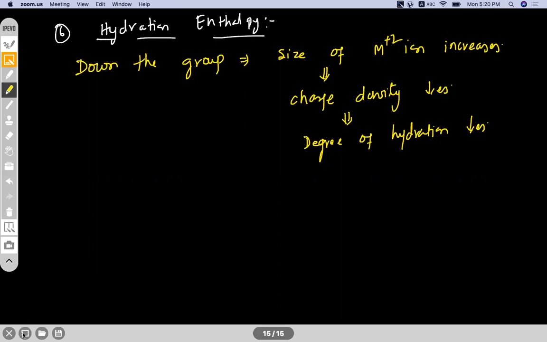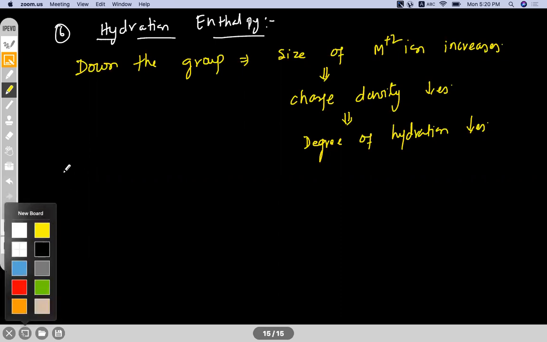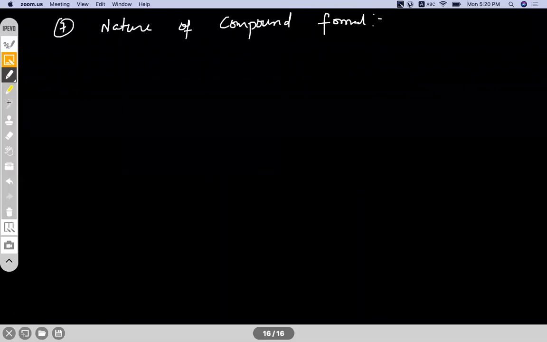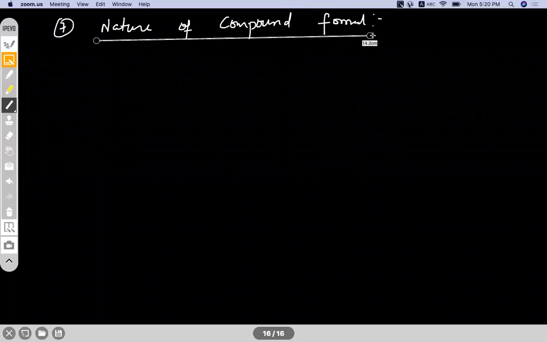Next, write down the nature of compounds. Nature of compound formed. So elements of group 2 predominantly form ionic compounds.